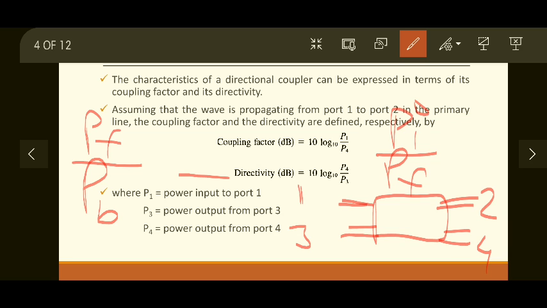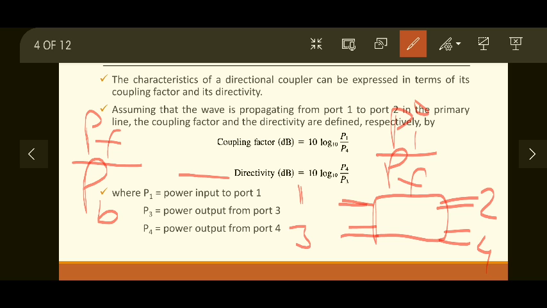So what do these 2 parameters indicate? Pi upon Pf indicates how much of the incident power is coupled to the secondary waveguide, because P4 is in the secondary part of the waveguide, and directivity indicates how much of the incident power is coupled to all ports of the secondary waveguide.